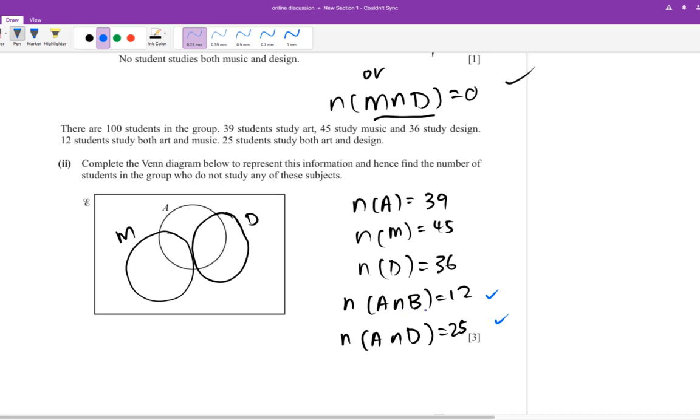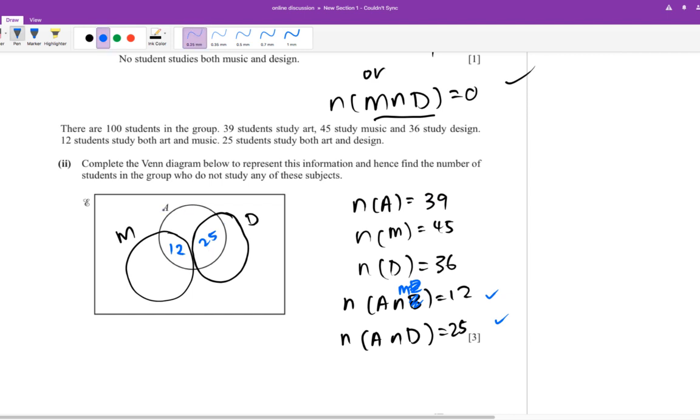A intersect D, sorry, this is design. 12 students study art and music, so you have 12 here. And art and design, you have 25 here.